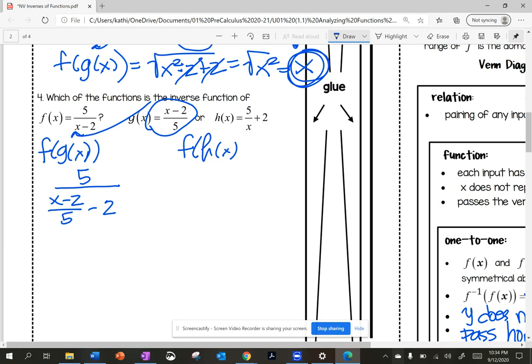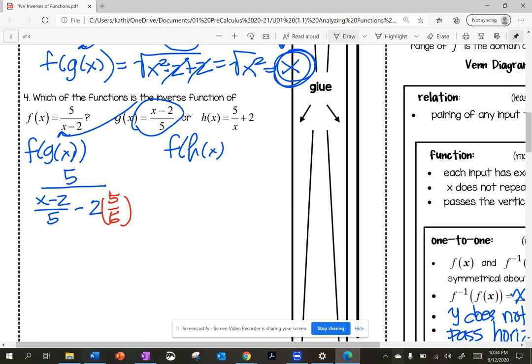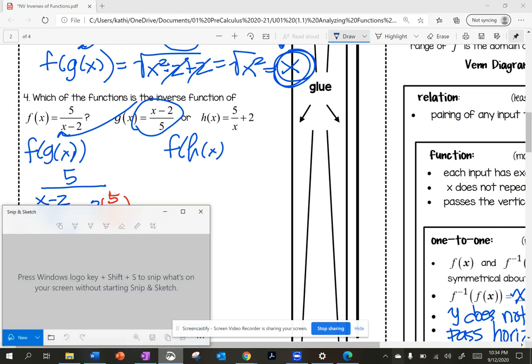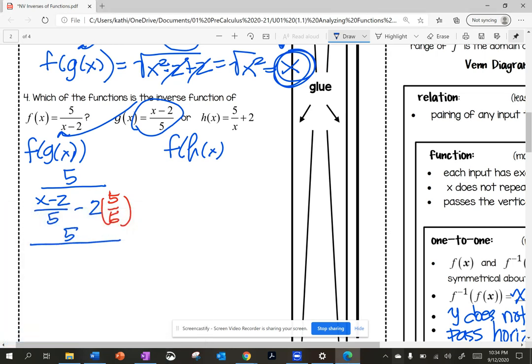So in the denominator, I have some fractions, so I have to have a common denominator. So my common denominator is going to be 5. So now I have 5 divided by x minus 2 divided by 5 minus 2 times 5 is 10 divided by 5.